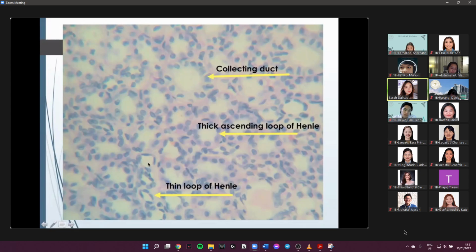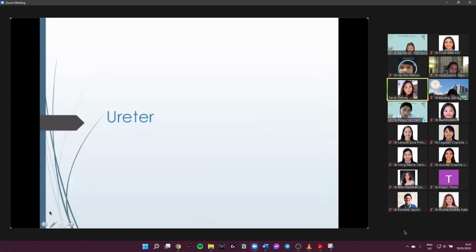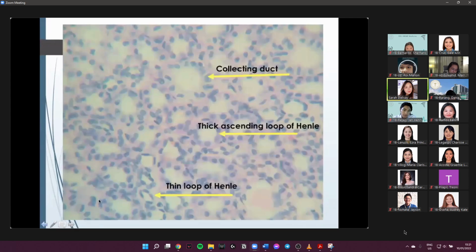So another, sorry po. Another structure we'd like to point out is this one over here. No? As you can see, this have your columnar cell. Actually, baka ito pa mas maganda din, obvious columnar cells, di ba?